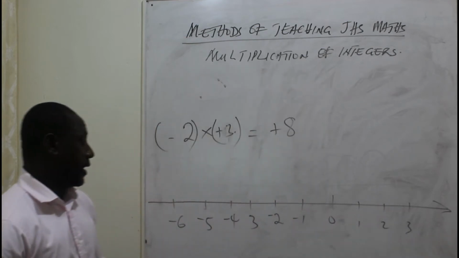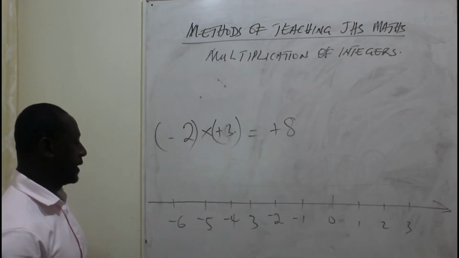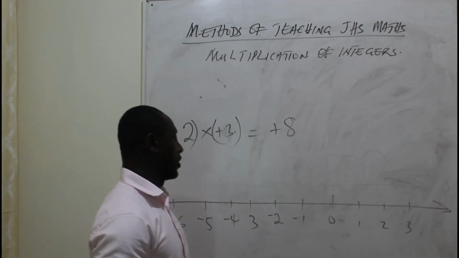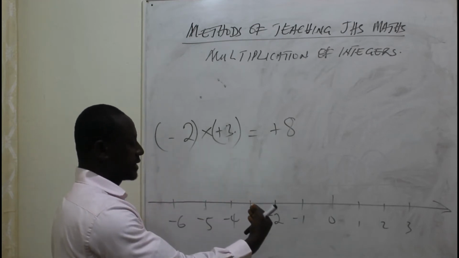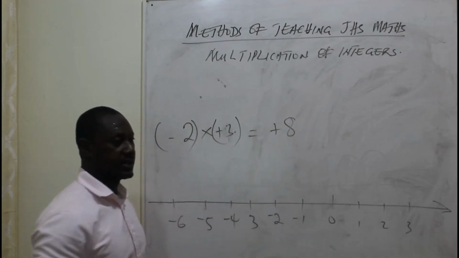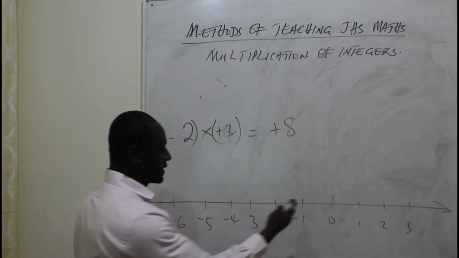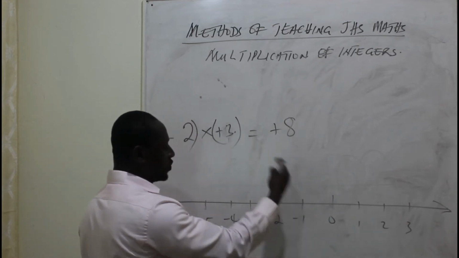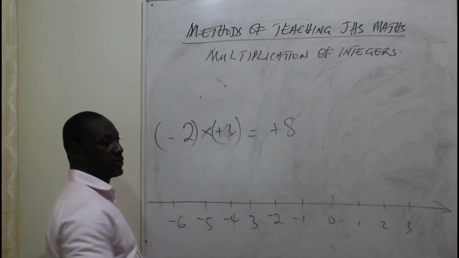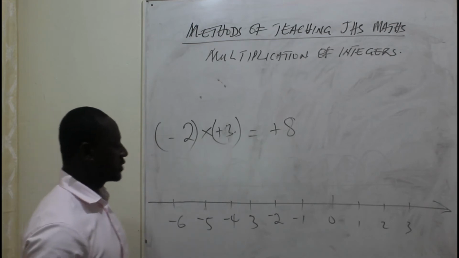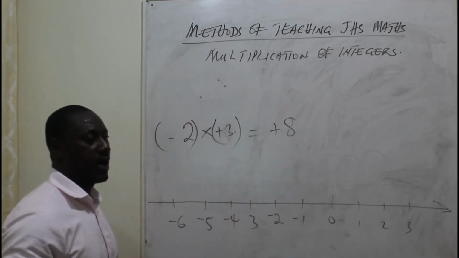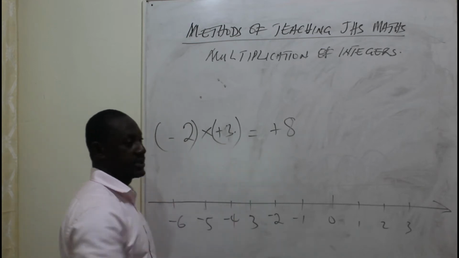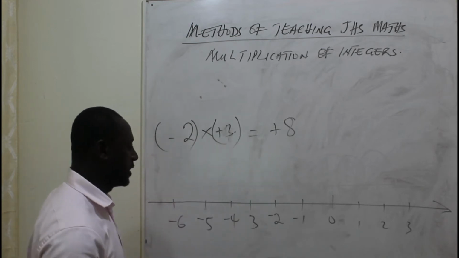Once again, we are going to begin the journey from the 0. Let's look at this number. It's a negative number, so we are going to face the negative direction and move 2 steps. Each journey that we take is going to cover 2 steps. And we are going to go how many times? 3 times. So wherever we land is going to be the answer.